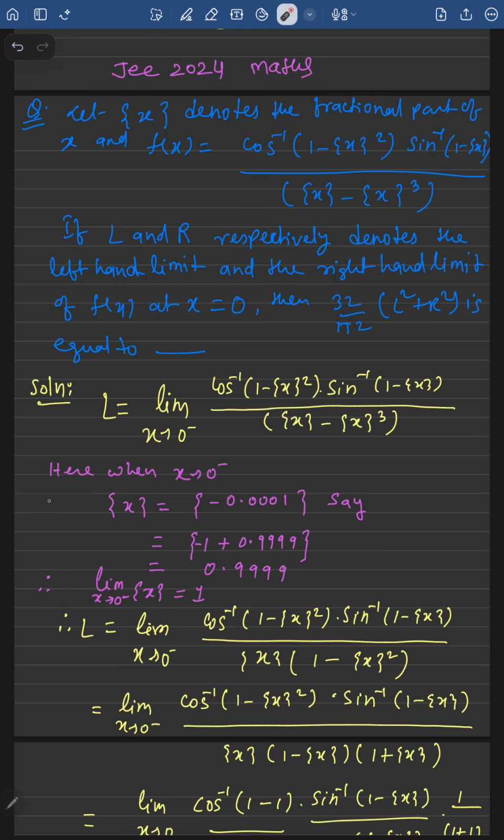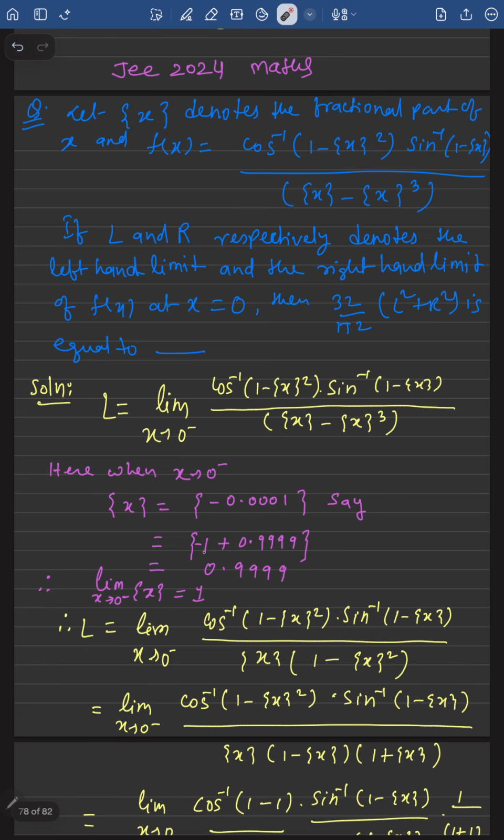Just for understanding, I have shown you this example: when x tends to 0 minus, the value of x can be like minus 0.0001. You know that the fractional part of x will always be positive, so to make it positive we add 1 and subtract 1 in this expression.